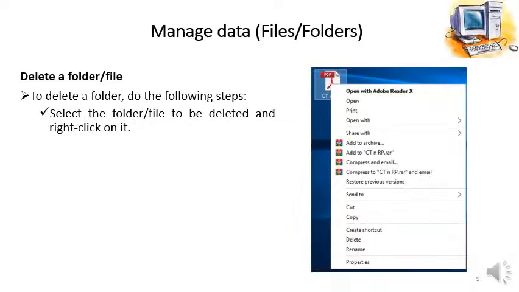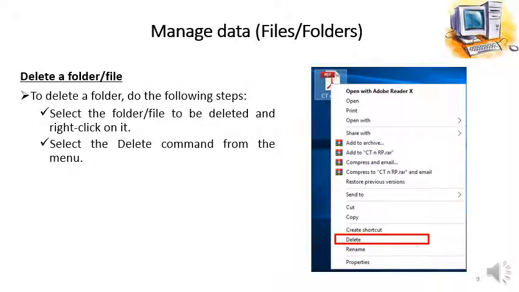And finally we will see how we can delete a folder or file. To delete a folder, do the following steps. First, select the folder or file to be deleted and right click on it. Select the delete command from the menu.